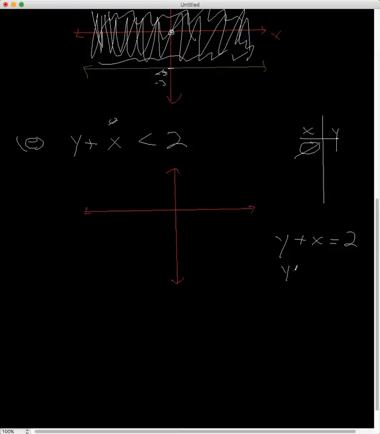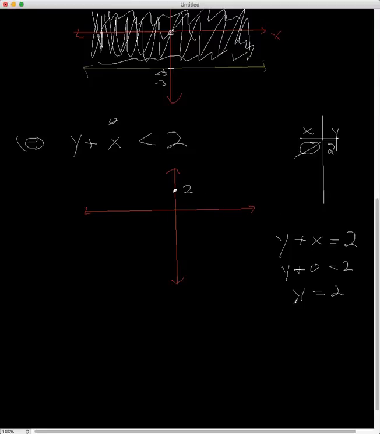If I put x is equal to 0, I get y plus 0 is equal to 2, so y is equal to 2. Then our coordinate is 0, 2, approximately right there. So I'll put a 2 here.